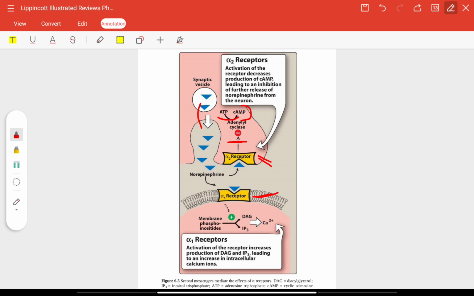Next, alpha 1 receptor. Activation of the receptor will increase the production of DAG and IP3, as we have studied earlier, and these will increase the intracellular calcium ions.